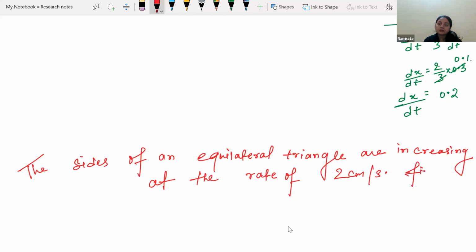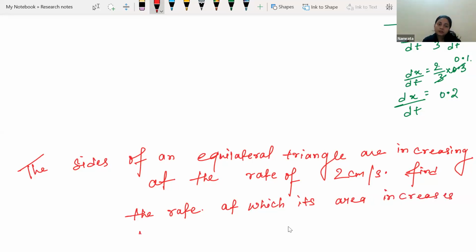Find the rate at which its area increases when the side is 10 centimeter long.